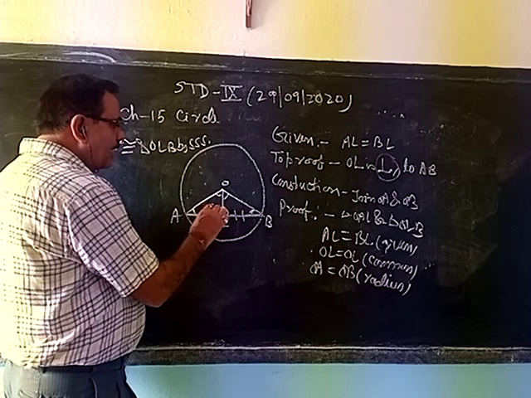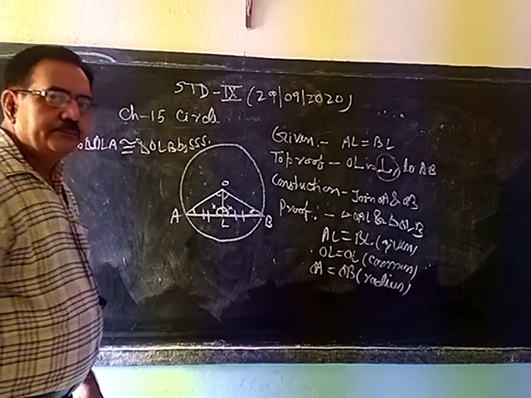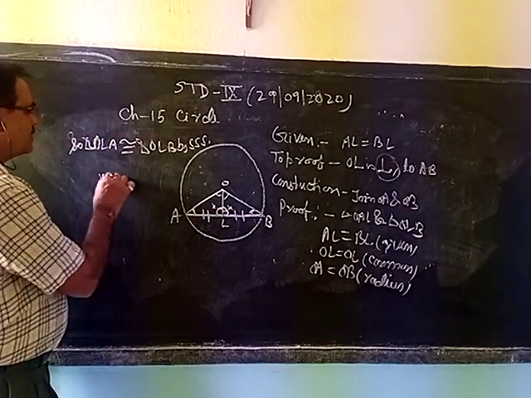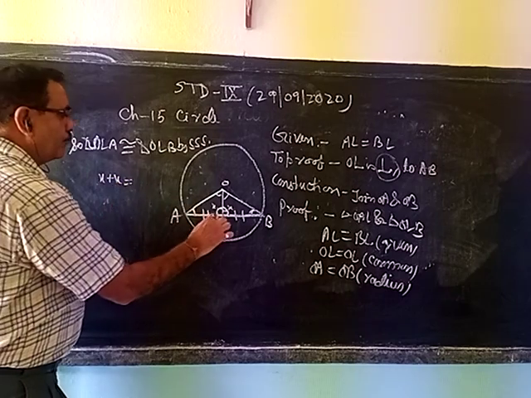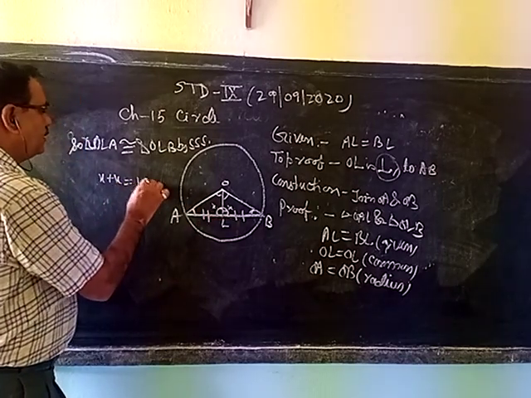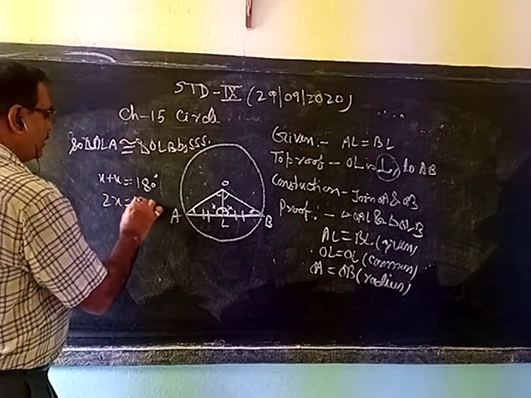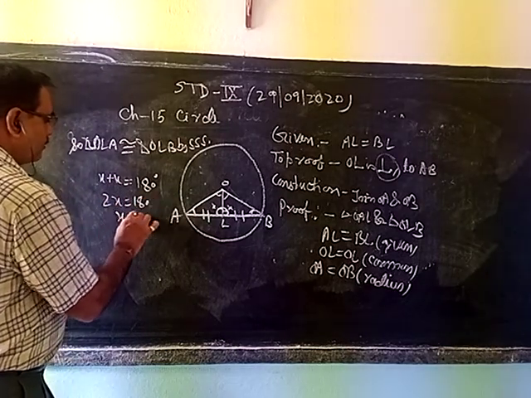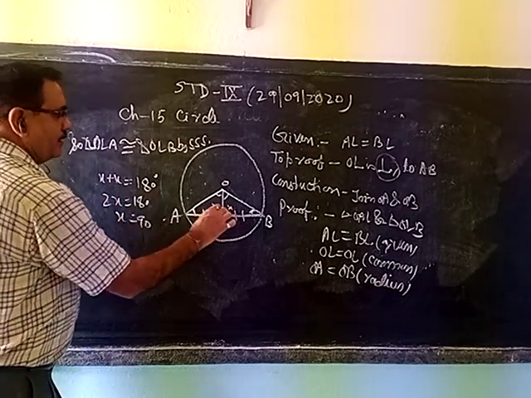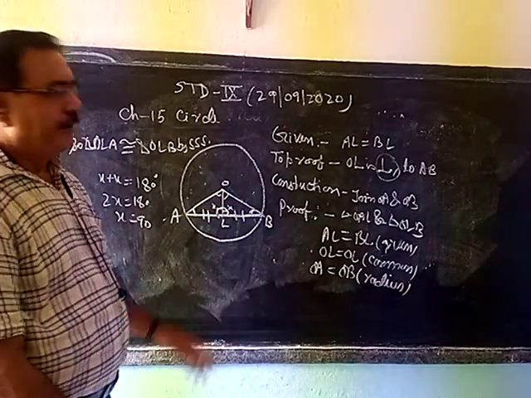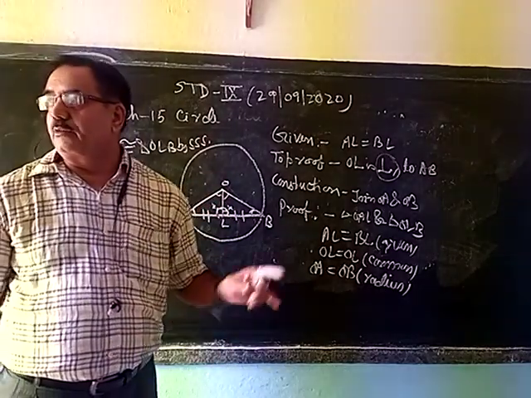Let this angle be x, then this is also x. So x plus x will be equal to 180 degrees. So 2x is equal to 180 degrees. So x is equal to 90 degrees. Is it 90? Which you have to prove. It means OL is perpendicular to AB.